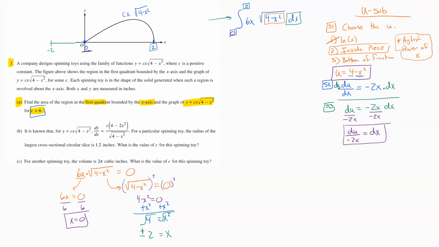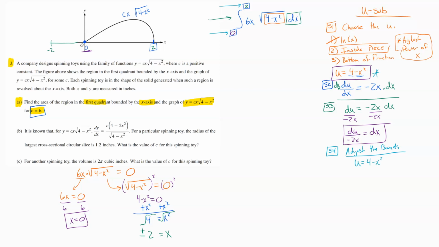But when we've got a definite integral, we have one additional step. If there was no bounds on this, we'd be done right now. But because we have bounds, we also need to adjust the bounds. Remember, everything needs to be talking the language of u. And these bounds here, these are x values. So to adjust the bounds, what you do is you'll take your equation for u that you found up above.